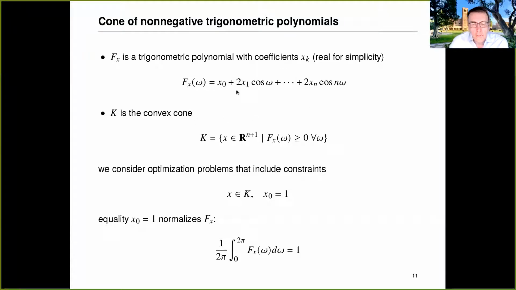So the cone of trigonometric polynomials that are non-negative is a closed convex cone. We'll normalize it to get a bounded set. A convenient or natural normalization is to take the first coefficient to be 1, because that also normalizes the total power if this is a power spectrum.